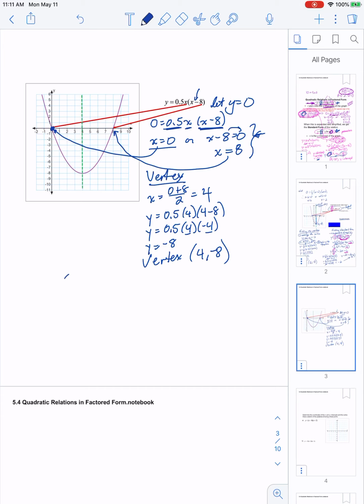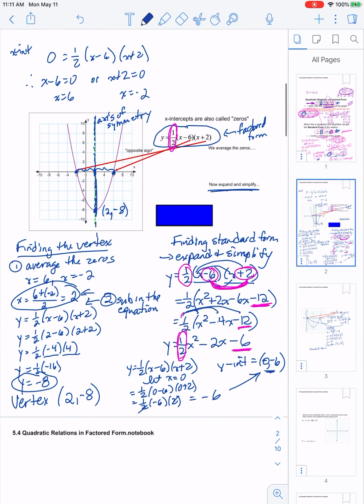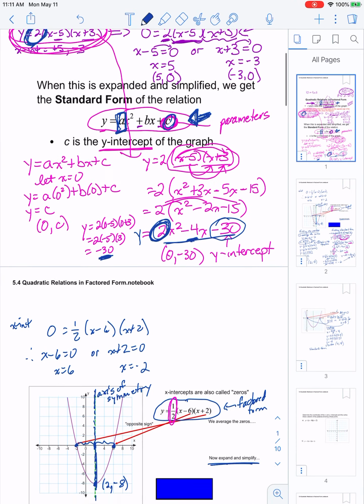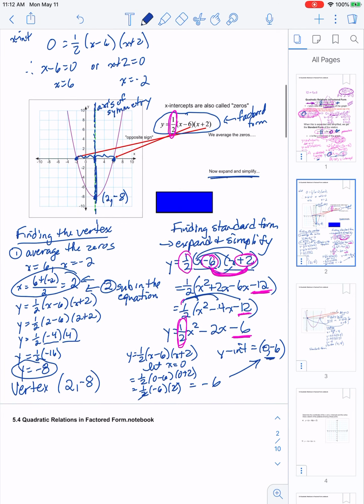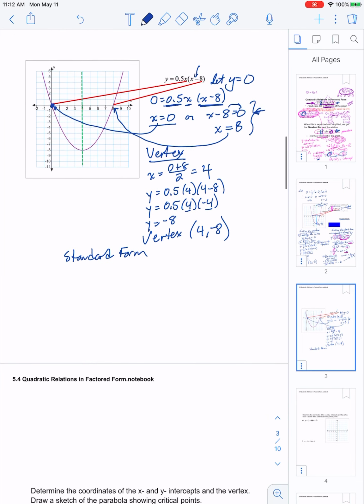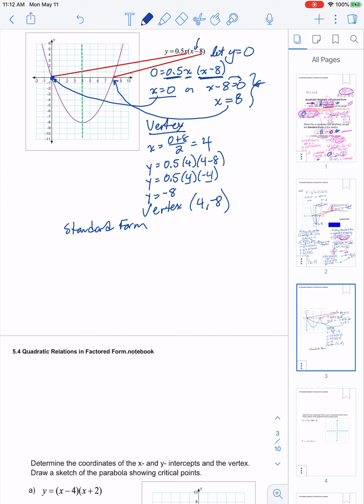And then standard form, just because that was the instruction. The instruction said, oh, sorry, there is no instruction. Okay, well, I'll tell you right now. The instructions are find the vertex and put it into standard form to find the y-intercept.